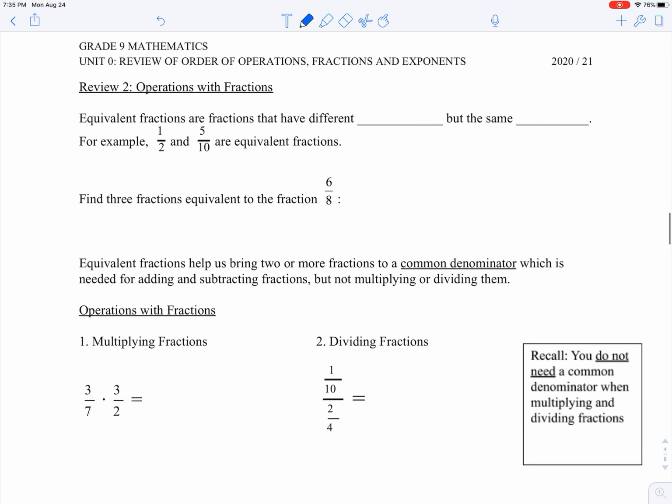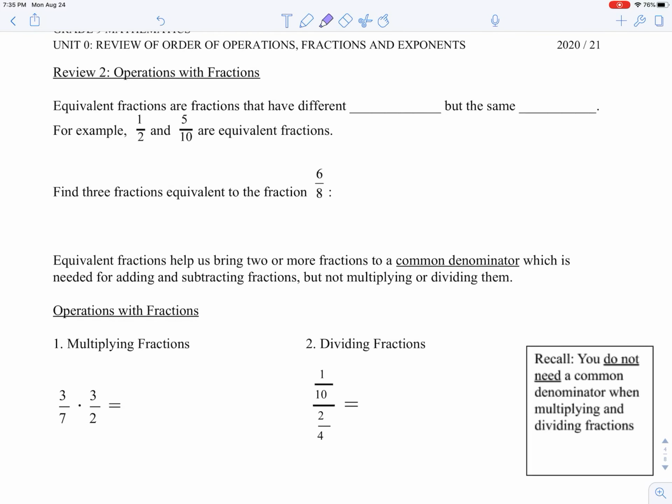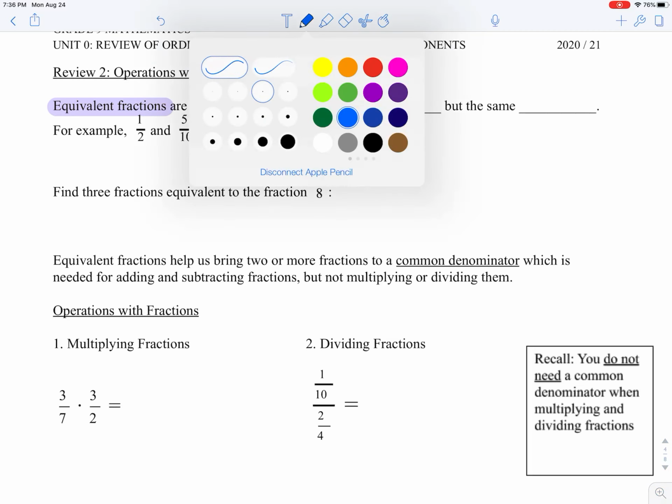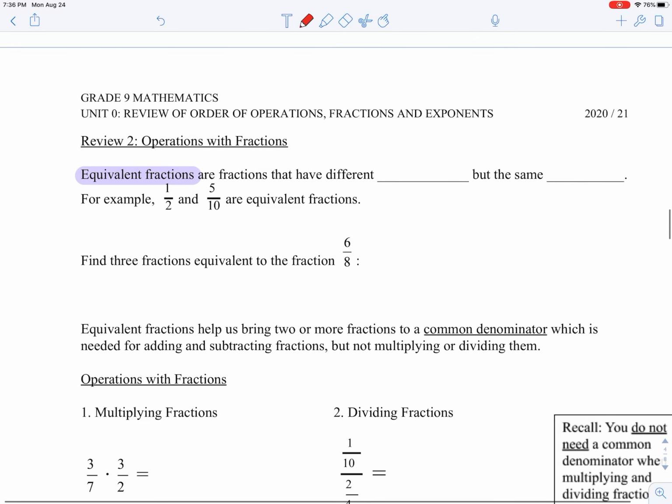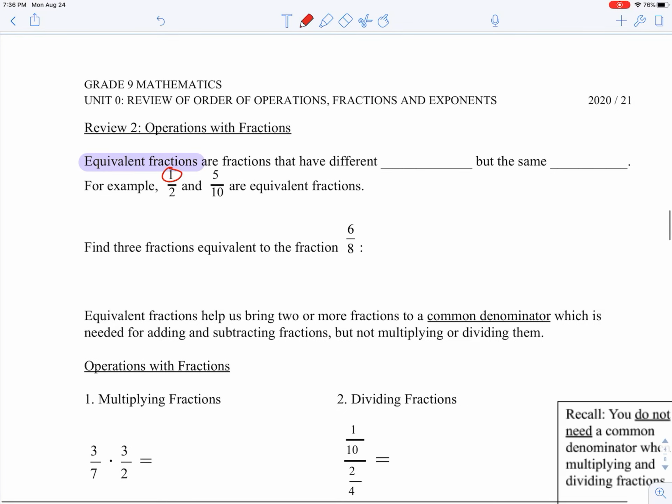Starts off with a bit of a definition, equivalent fractions. So you need to know what equivalent fractions are. Equivalent fractions are fractions that have different blank but the same blank. So just a quick review first. If we have the fraction 1 over 2, the special word we give for the top of a fraction is the numerator, and the bottom we call the denominator.